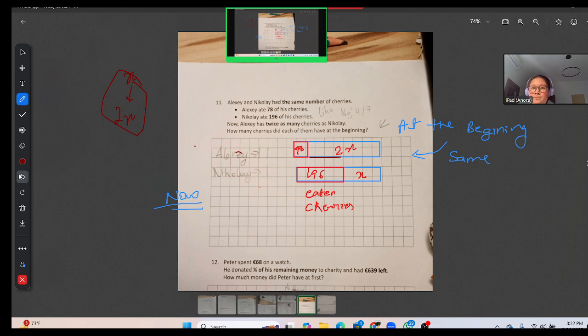No. Okay, so that means I cannot use this concept. Have you learned about ratios and all? No. Okay, no problem.